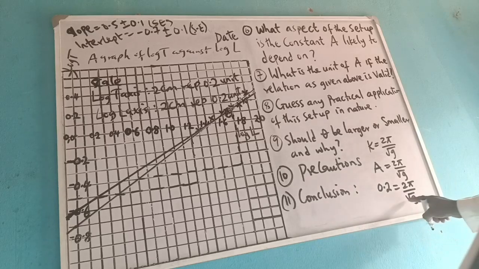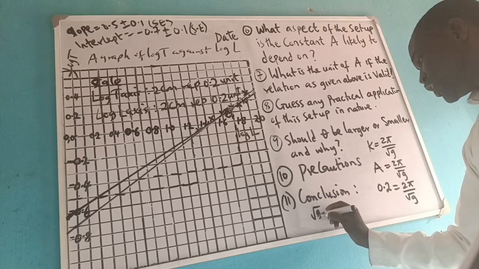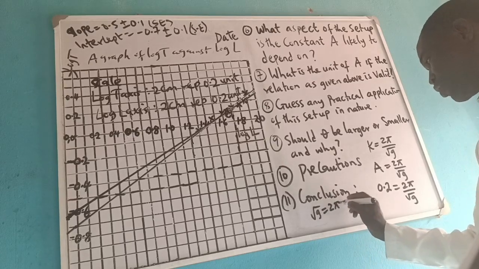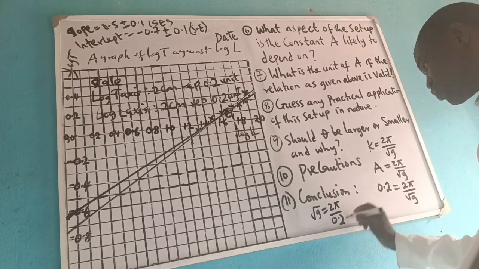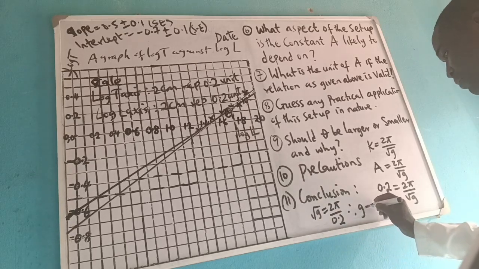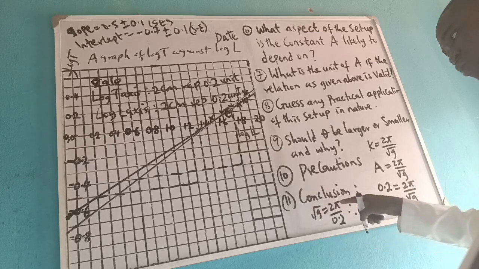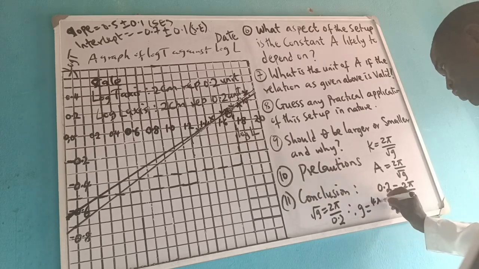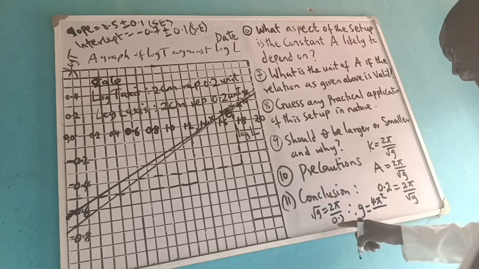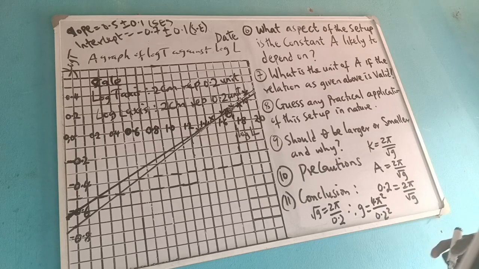Making root g the subject of the formula, root g equals 2 pi over 0.2. To remove the square root, I square this to give 4 pi squared all over 0.2 squared. That is the value of your g.